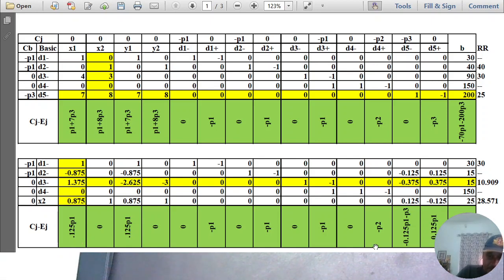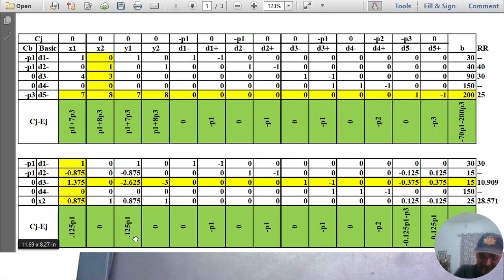After making sure that all P1s in Cj minus Zj row are negative, then you want to look for the column in which the coefficient of P2 is positive and maximum, and then that corresponding variable will be the entering variable.